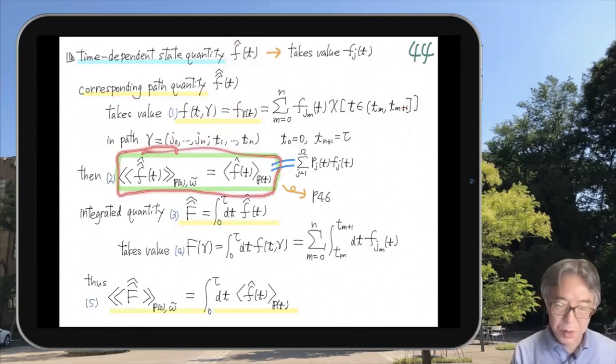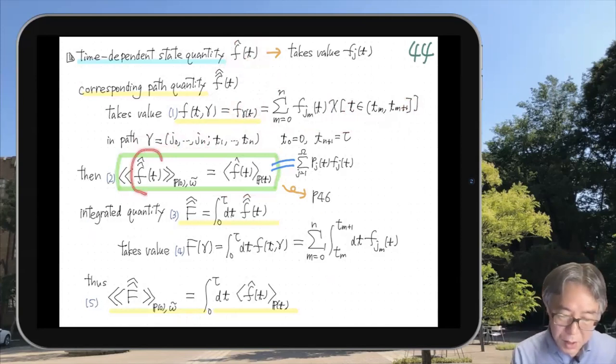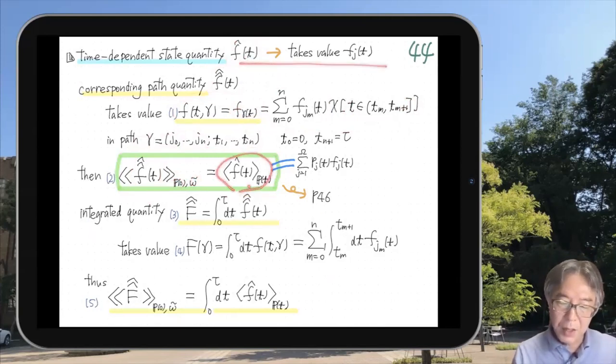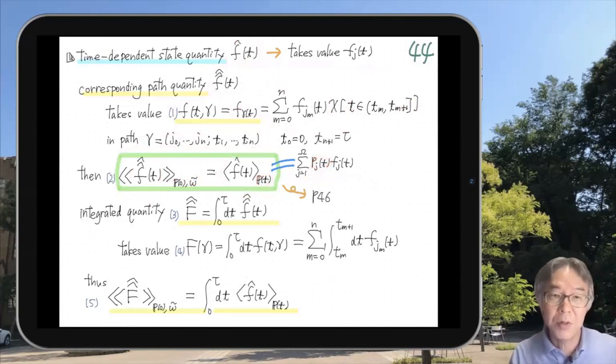A very important identity is this one. The left-hand side is the expectation value of this quantity using the usual path average, so it depends on the initial distribution and omega tilde. And the right-hand side is the standard expectation value of this state quantity, where P_j(t) is the solution of the master equation.